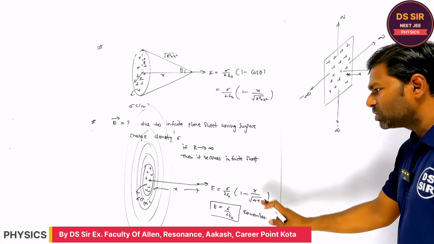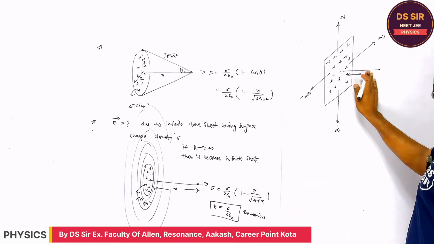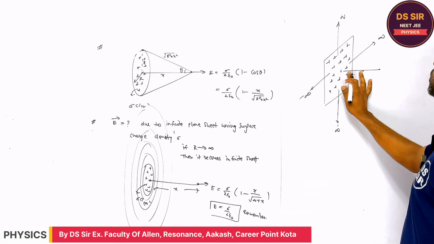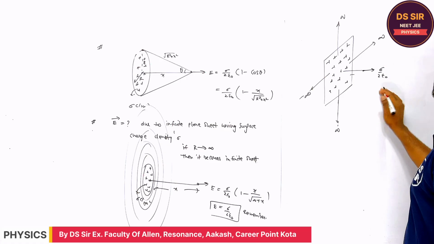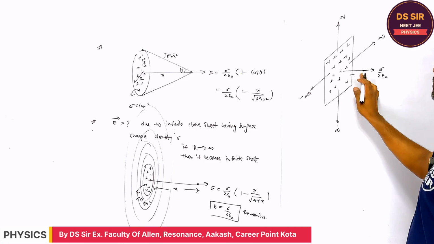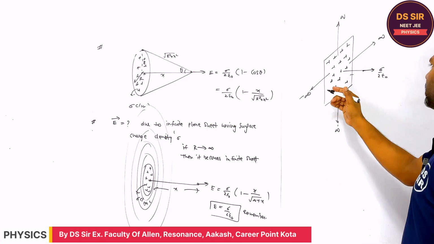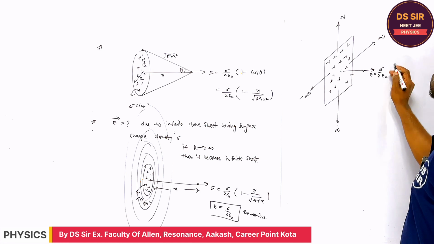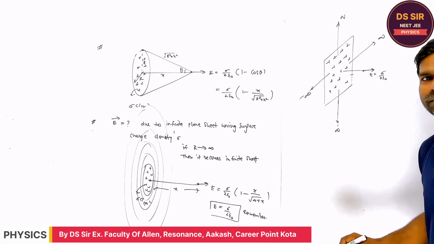The electric field is uniform. It does not depend upon the distance x. The electric field is nothing but sigma upon 2 epsilon naught. You have to remember this. If it is positive, the electric field is away from the sheet. If it is negative, the electric field will be towards the sheet. That's it. You understand?